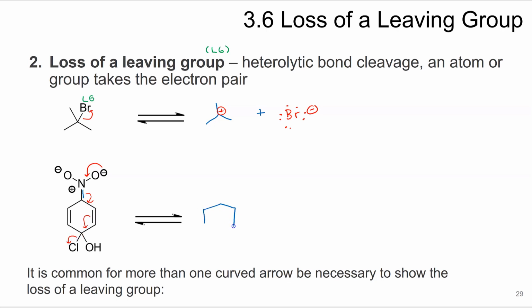So we redraw. If I follow my arrows, I created a new double bond here. There's one here, there's one here, and the Cl becomes Cl minus. So I don't expect you to memorize how to do those arrows right this minute. This is just showing you how these arrows can occur.